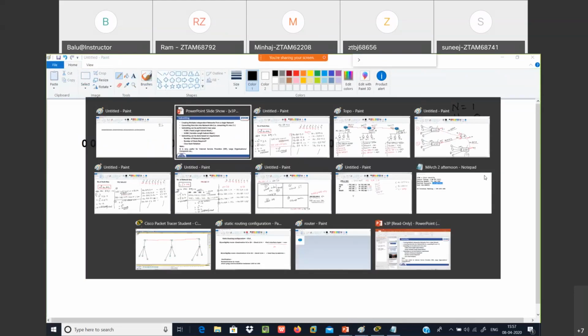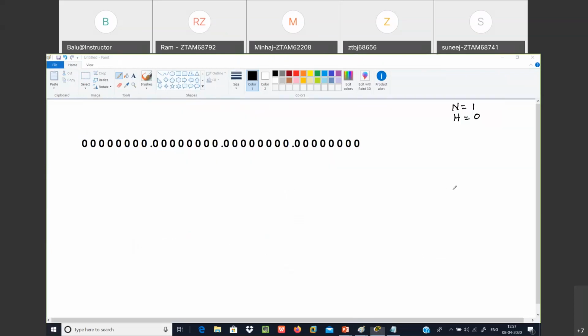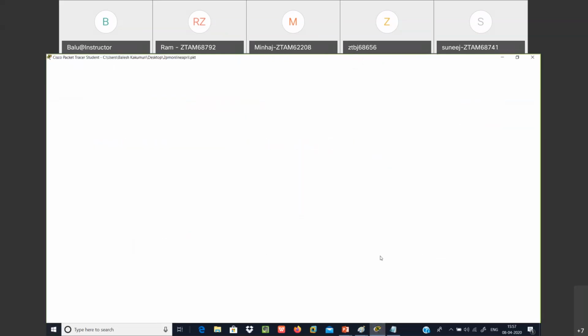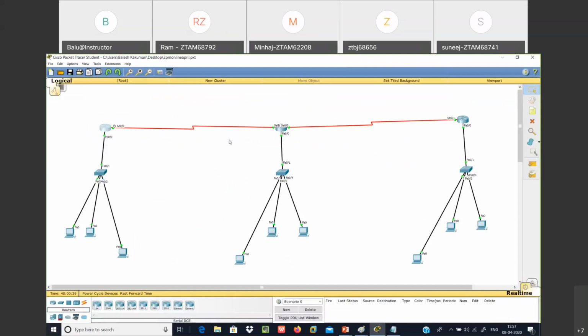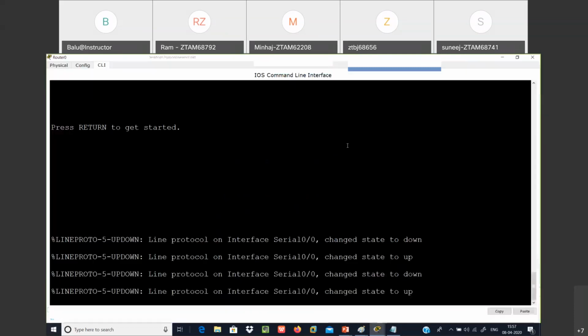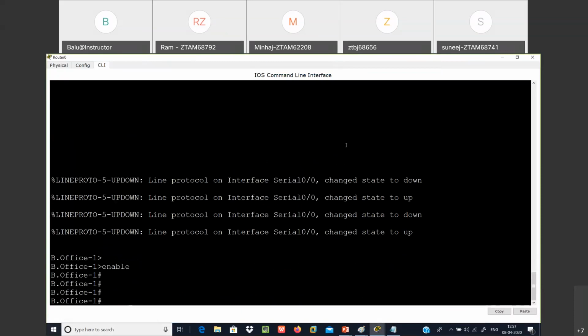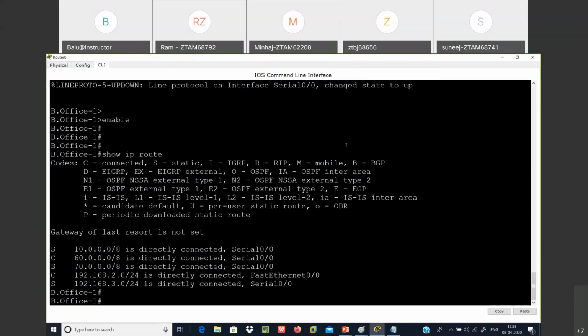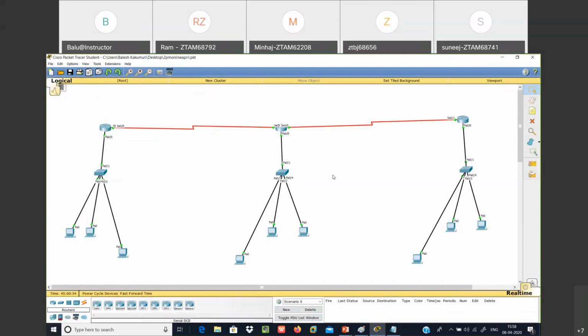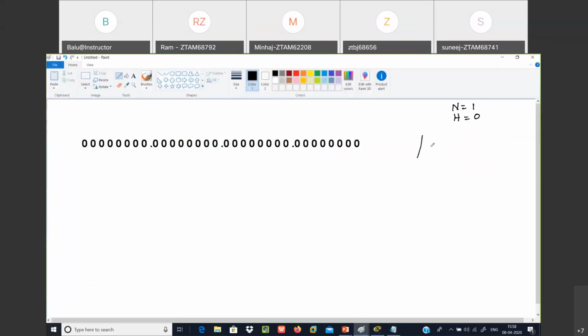In yesterday's class, when we configured the routing table with static routing, have you seen the routing table entries? When you run show ip route, /8, /24 or something is showing, right? That is the topic we are going to discuss now. What is slash notation?